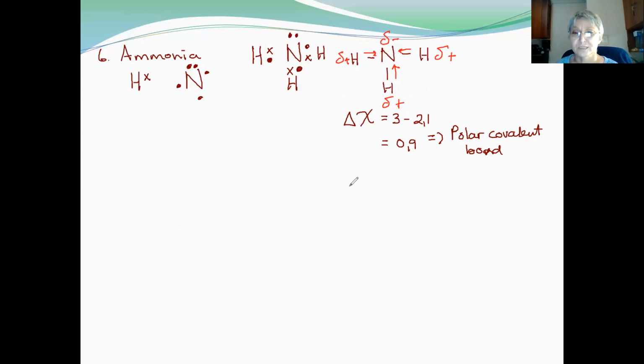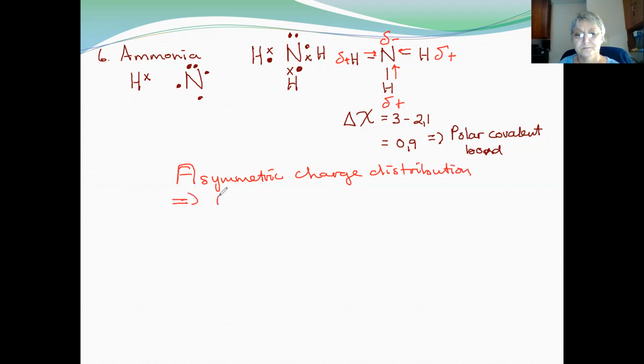But the nitrogen is sticking out as negative and the hydrogens are sticking out as positive. So you've got an asymmetric, sorry for my misspelling there, charge distribution. So the molecule is polar.